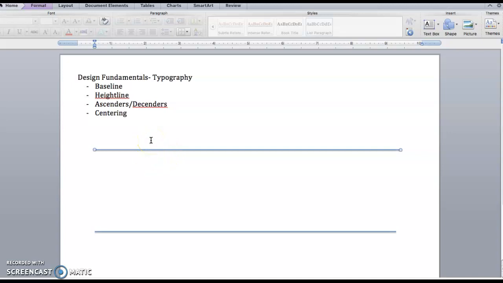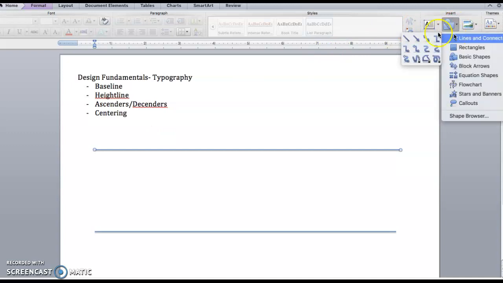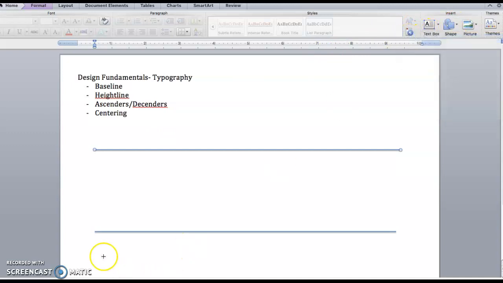Okay, there's a couple other things that we want to do, and this time we're going to draw what are called descenders and ascenders. The descender line goes a little bit below, understanding that letters like G or Y, depending on how we draw them, and certainly in the case of lowercase letters, which we refer to as minuscule letters, will dip below.